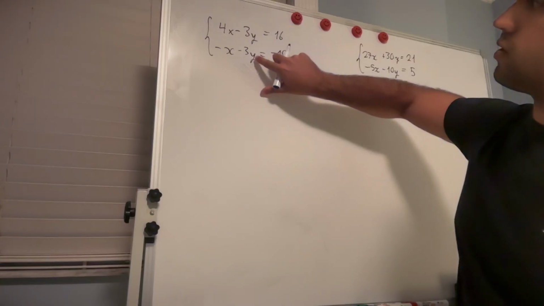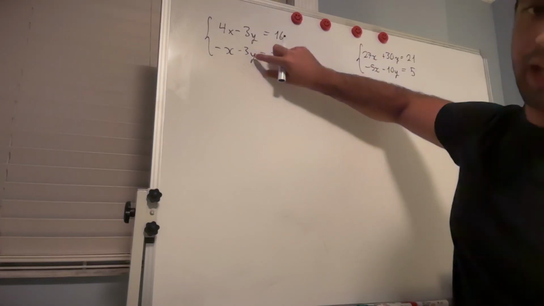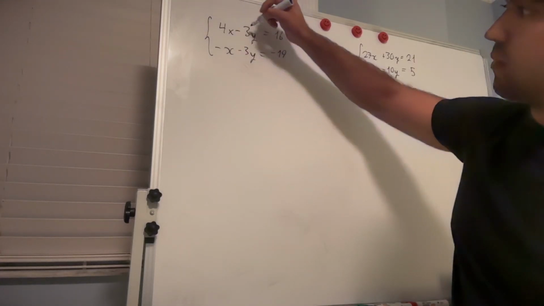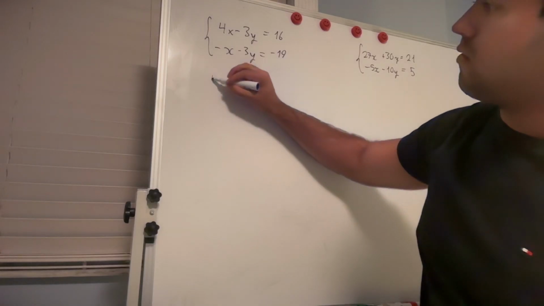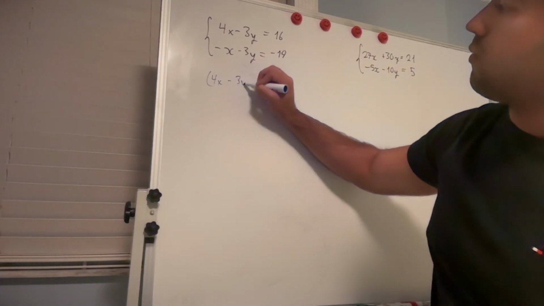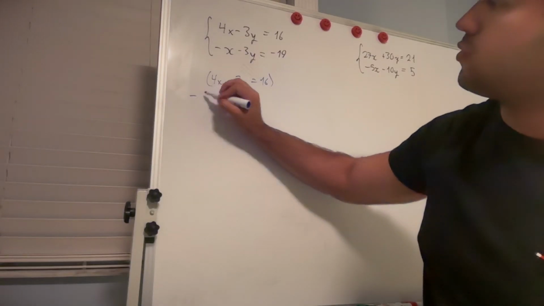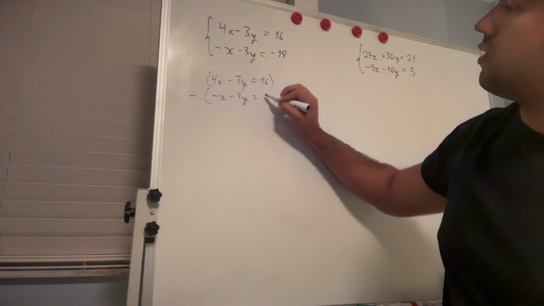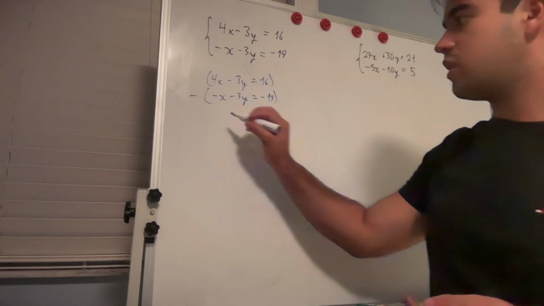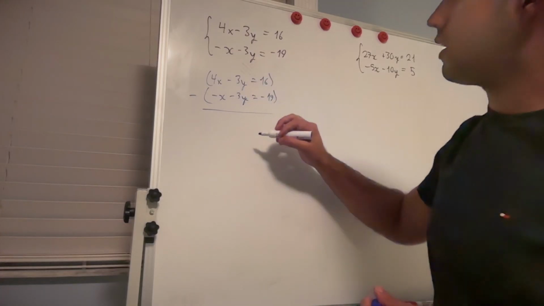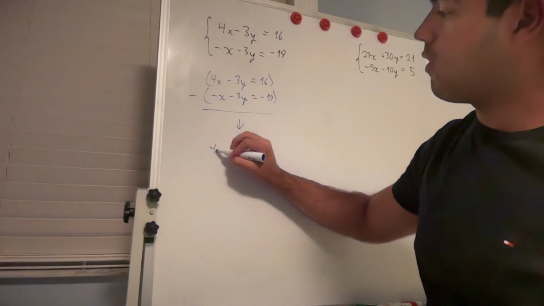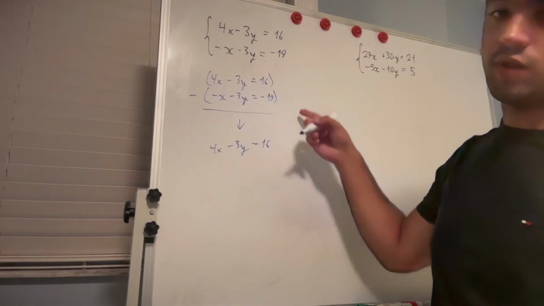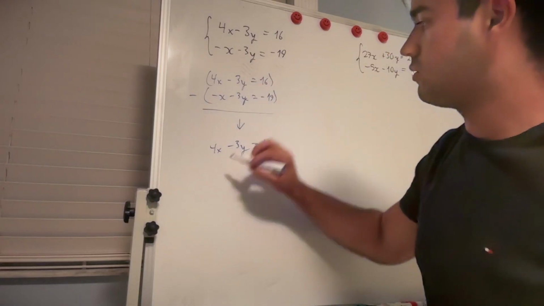We have these two equations, and notice we have negative 3y and negative 3y. If we were to subtract this equation from this one, so if we had 4x minus 3y equals 16, and we subtracted by this equation, x minus 3y equals negative 19, well, we can rewrite this like 4x minus 3y equals 16, and then apply the negative to every single term.